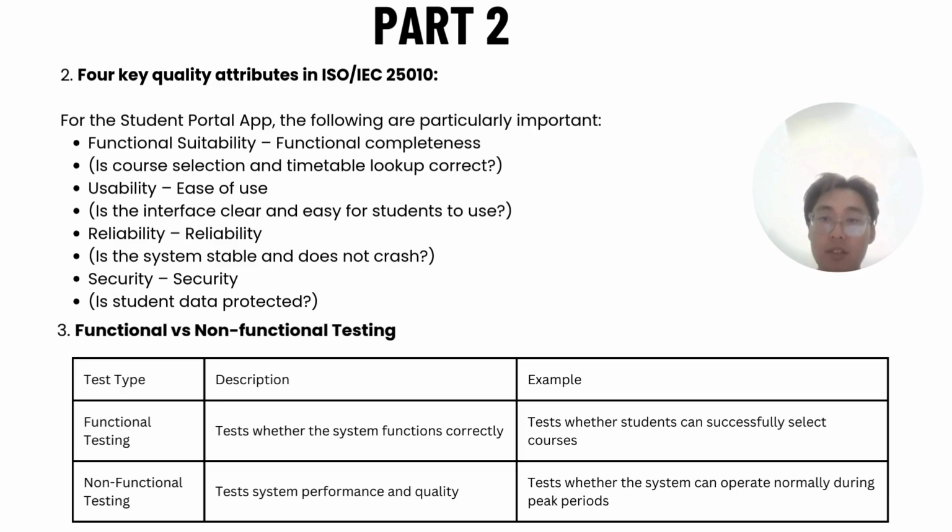For the student registration app, the following are particularly impacted: functional suitability, functional complexity, usability, ease of use, reliability. Functional and non-functional testing. Function testing tests whether the system functions correctly.